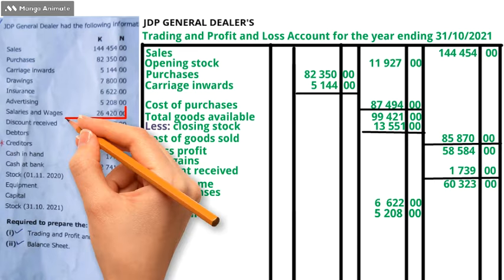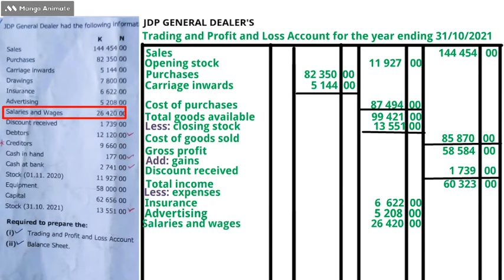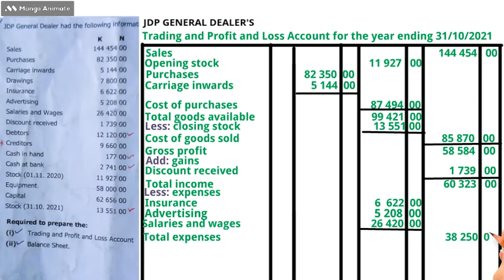Then there were also salaries and wages. They paid their workers 26,420. When you add this, 6,622 plus 5,208 plus 26,420, it's going to give us 38,250 kwacha.